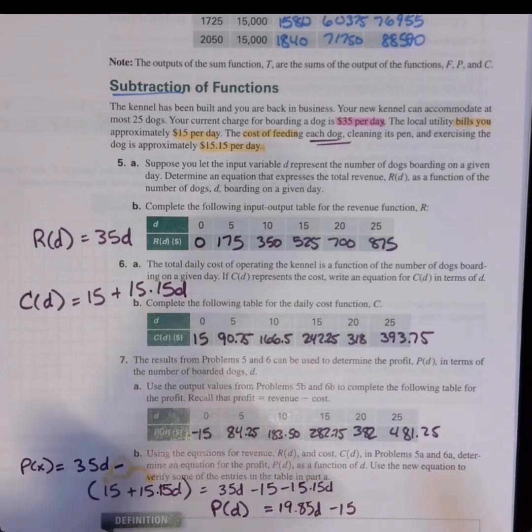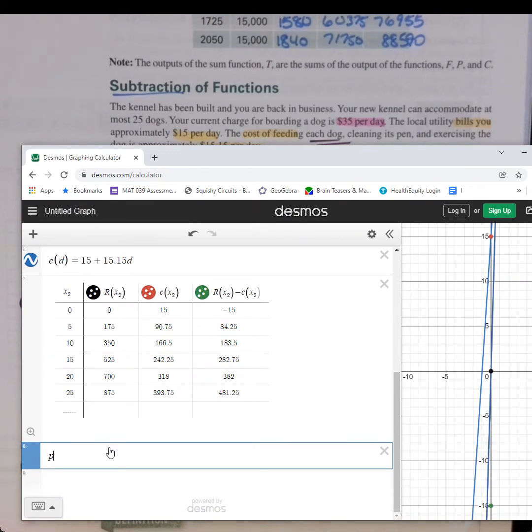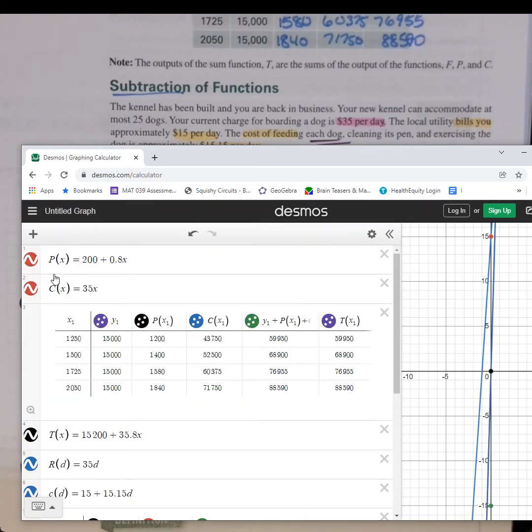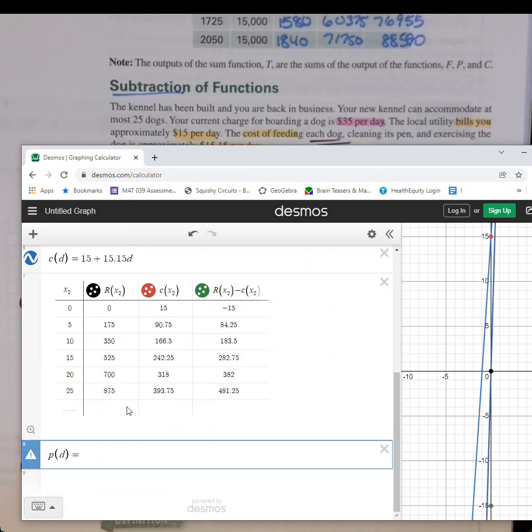All right. And we're just going to check our solution over here with that table. So when we computed the difference, we just used the difference function. And now I think I might have used capital P up here. So I've got to use little p for profit. P of D is going to be, I forgot, 19.85D plus, minus 15.